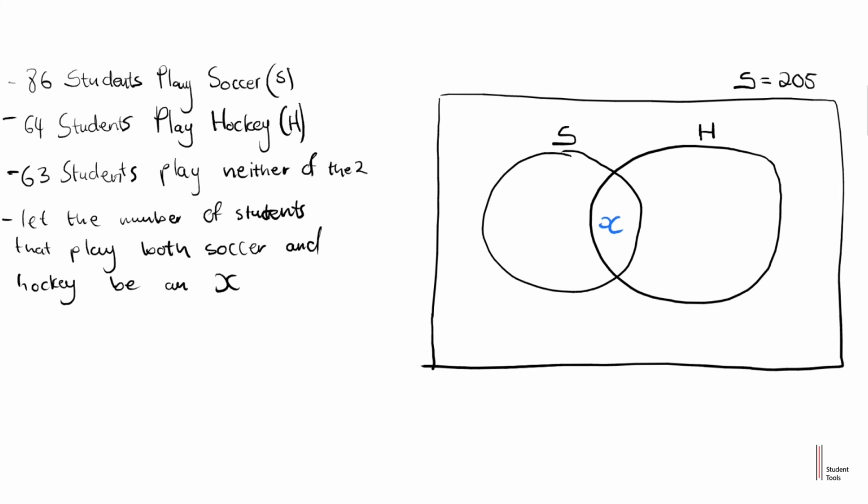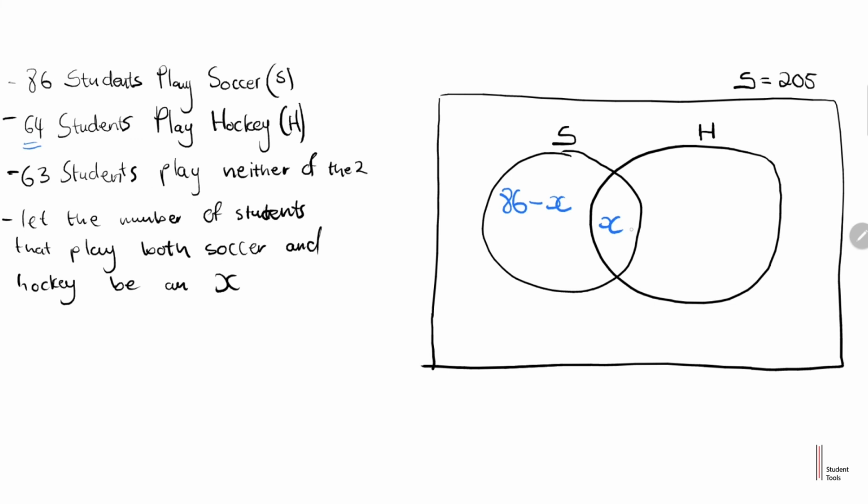To represent the number of students that play soccer, we have 86 students playing soccer minus the intersection of those which play both soccer and hockey. So we will have 86 minus X here for soccer only. And that's what we're also going to do for hockey. The students that play hockey, we have 64 students.